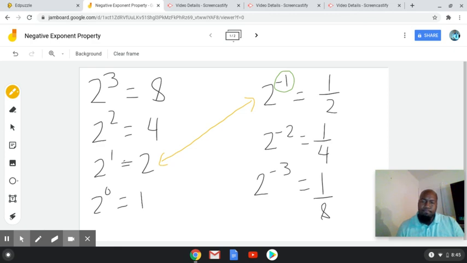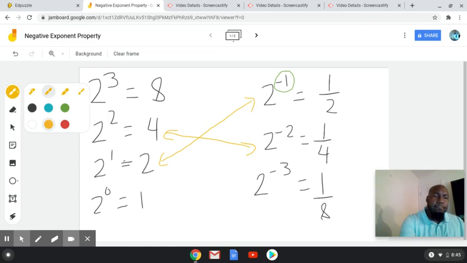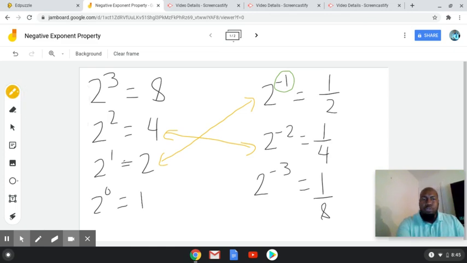What about 2 to the second power? We had 4, and 2 to the -2, we had 1/4. What about 2 to the third power? We had 8, and then 2 to the -3, we have 1/8.